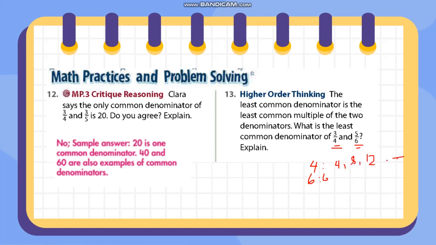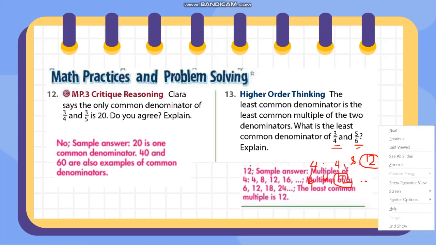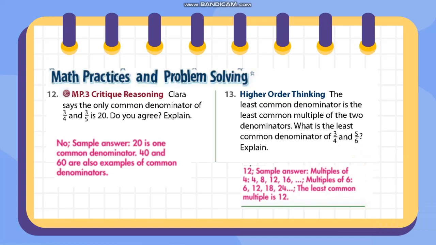I have 6, then 12, and so on. So the least common means the first one that they have in common from these given two numbers. Okay, so the answer is equivalent to 12. So that is the least common denominator. The least common multiple is 12.